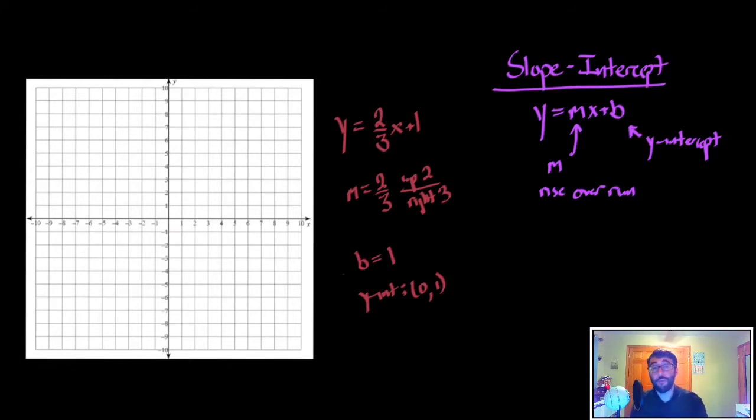Now, when we're graphing using slope-intercept form, we want to start at the y-intercept. So I'm going to plot that y-intercept right on the graph here. And now we're going to use the slope to find the rest of the points on this line. So we're going up 2 and right 3. From there, I'm going to go up another 2 and right 3, and we can keep doing this until we run out of room.